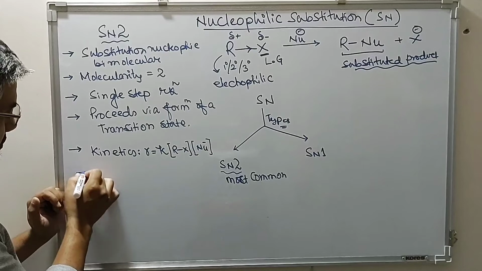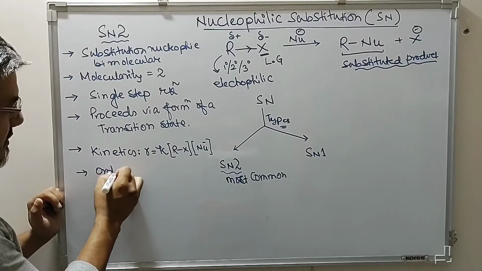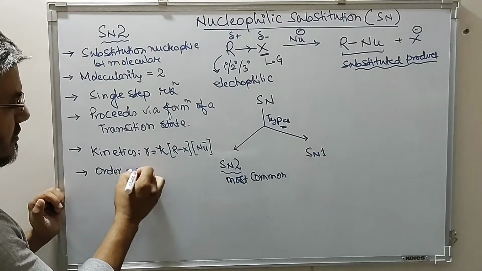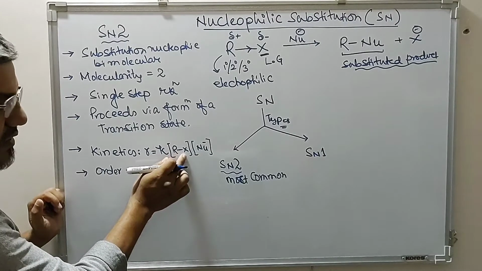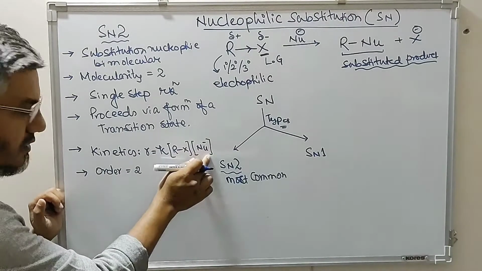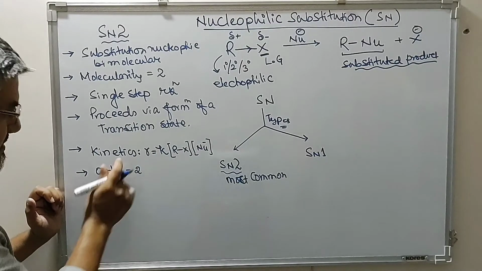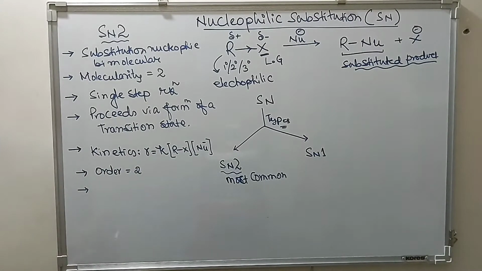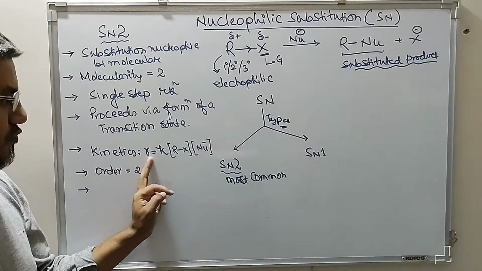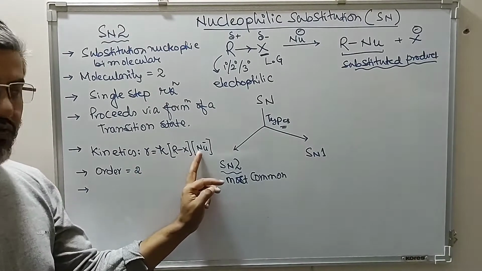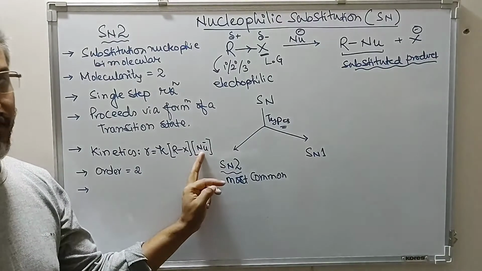Therefore the order of reaction is 2. If you look at this kinetics, the rate of SN2 reaction is directly proportional to the concentration of nucleophile.